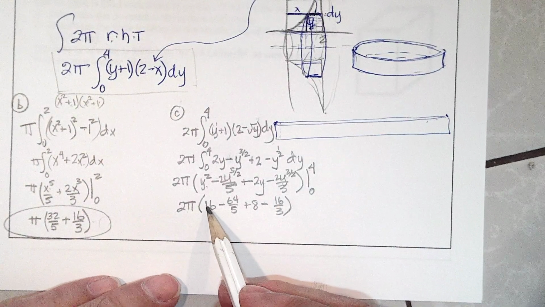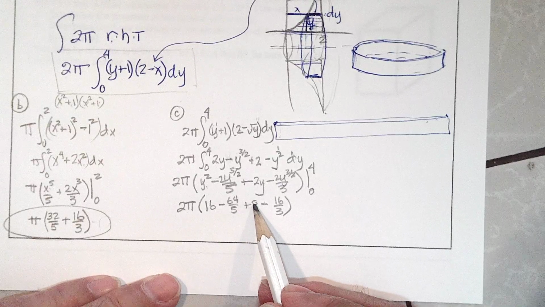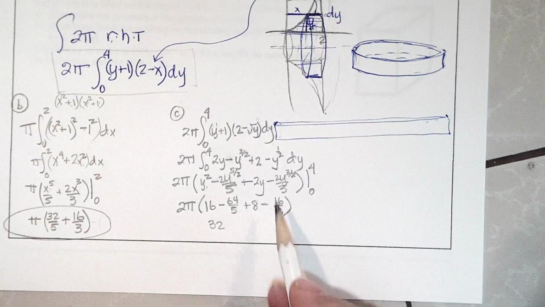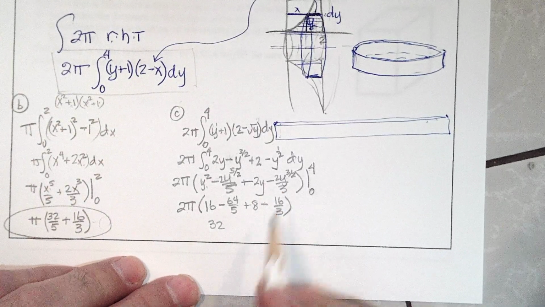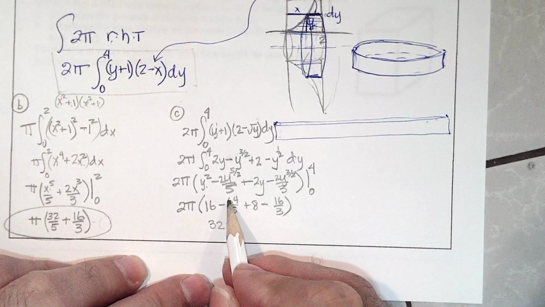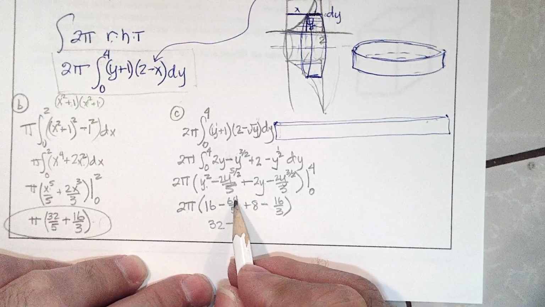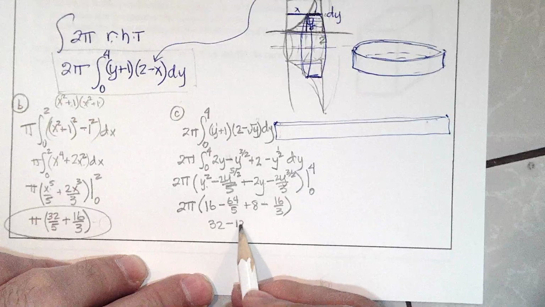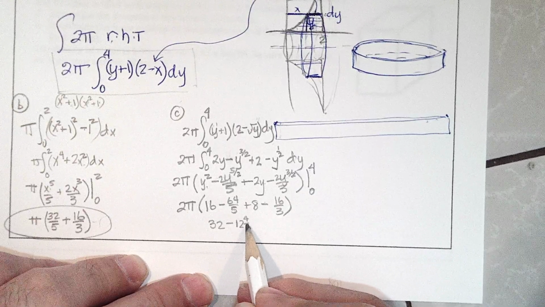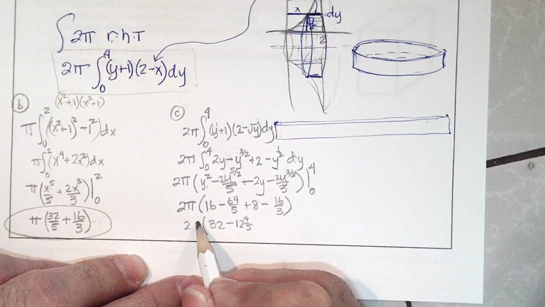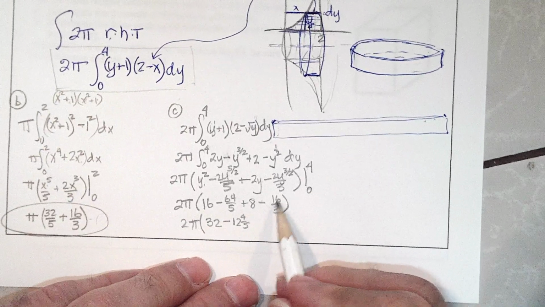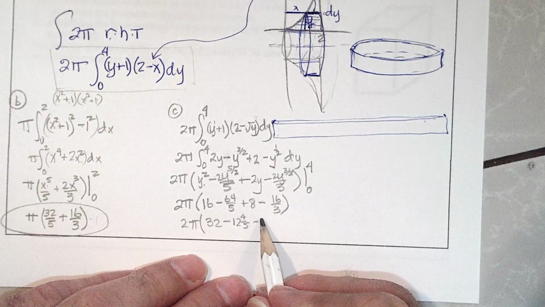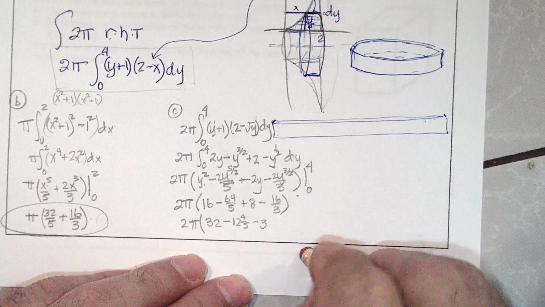So 16 minus or plus 8 is 32. 5 into 64 is minus, 5 into 60 is 12. So this is minus 12 and 4/5. And then 3 into 16 is 5 and 1/3.